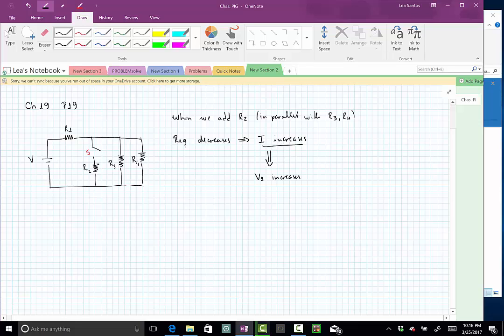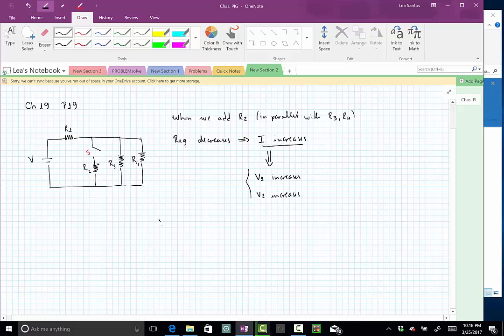All right. How about the voltage in R2? Well, there was nothing in R2 before, and now there will be some current going through. So for sure, the potential difference in R2 also increases from 0 to something. All right, now let's see what is the story.